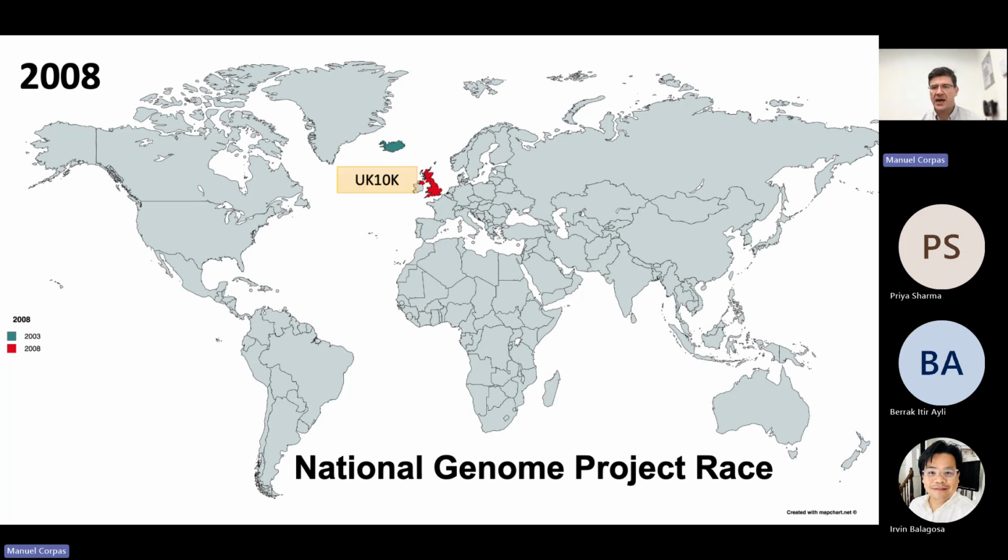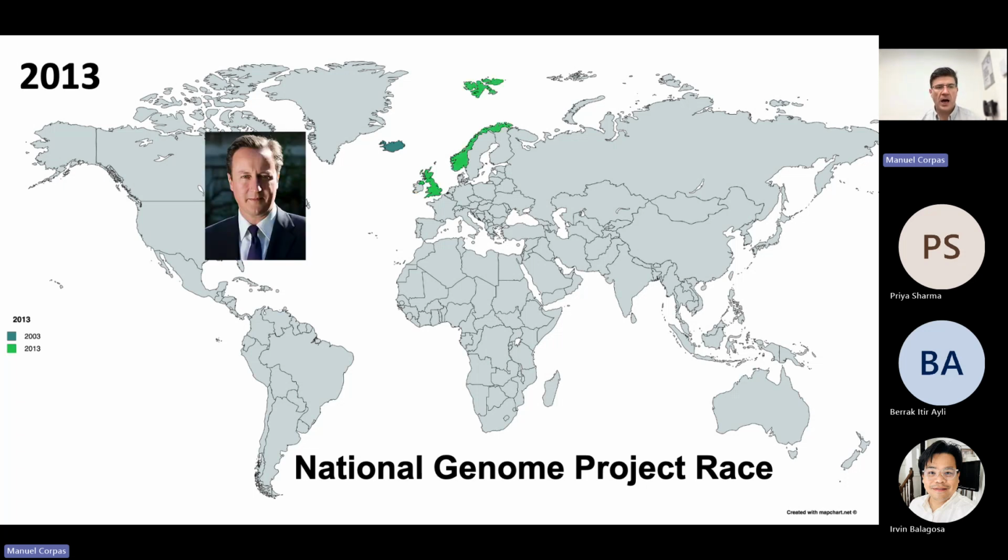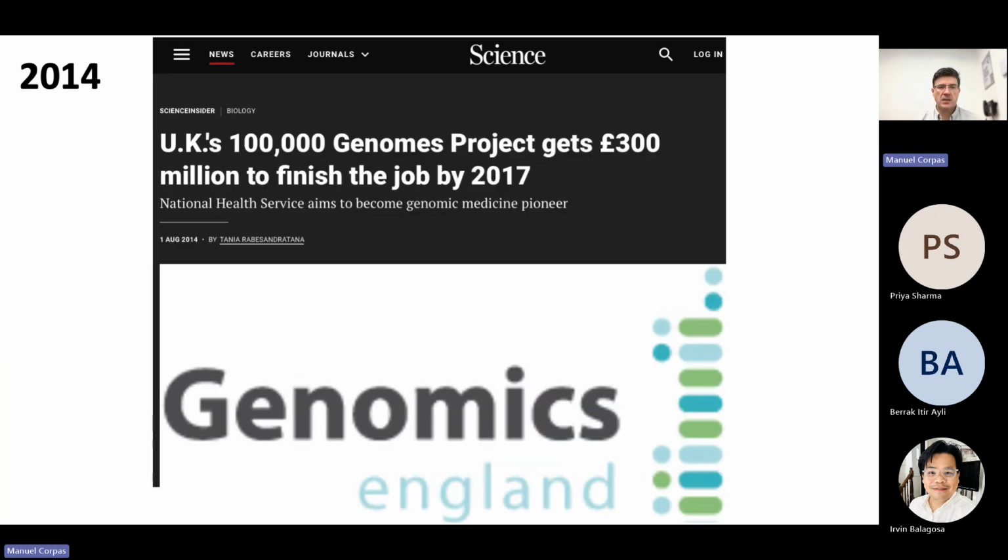And since then, the UK has been leading the way. In 2013, David Cameron released the proposal that the UK was going to sequence 100,000 genomes, which was an absolute revolution. And you can see that they would invest 300 million pounds in 2014.